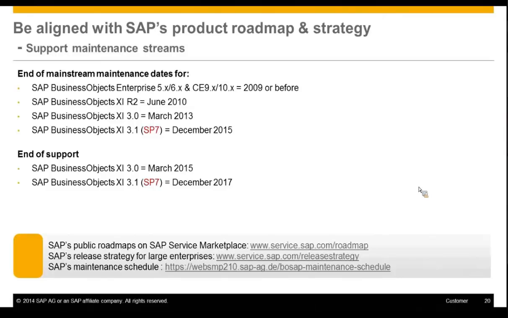So when you do the planning for your upgrade, you should let your stakeholders know that we have so much time to complete the upgrade project, right? I provided all the links at the bottom. You can go through and understand why the timing is very important and why you have to take the SAP roadmap and strategy into consideration, right?